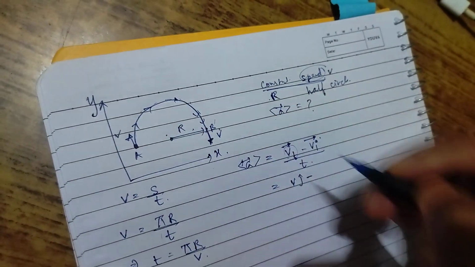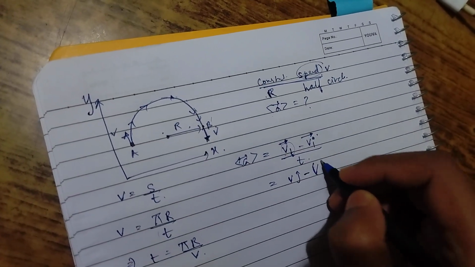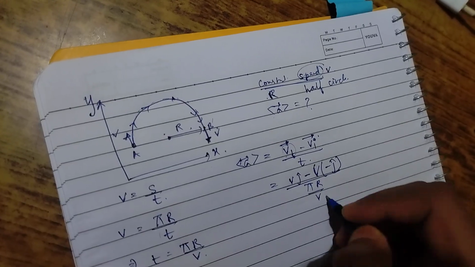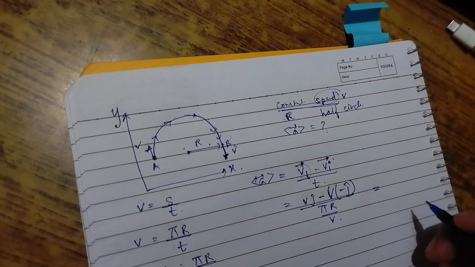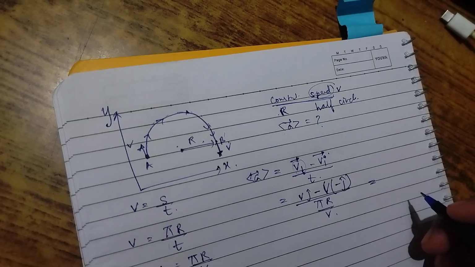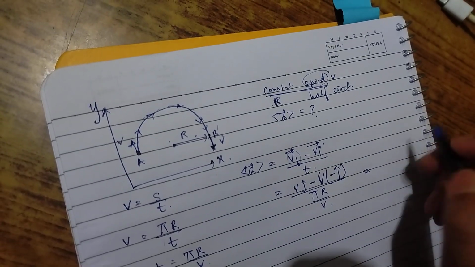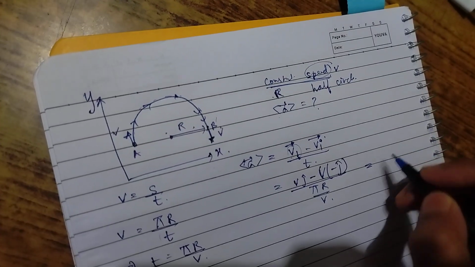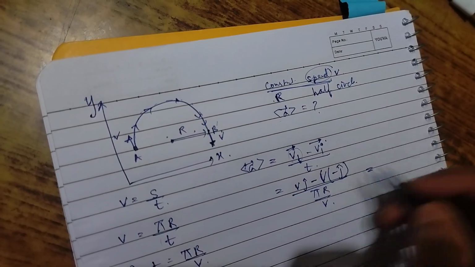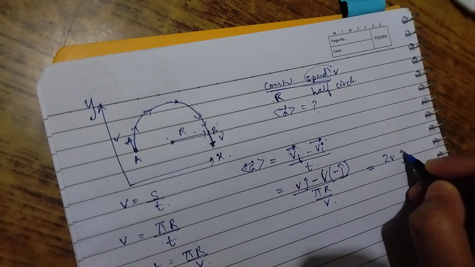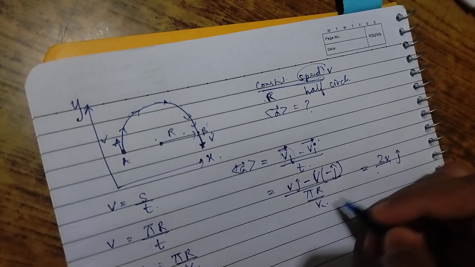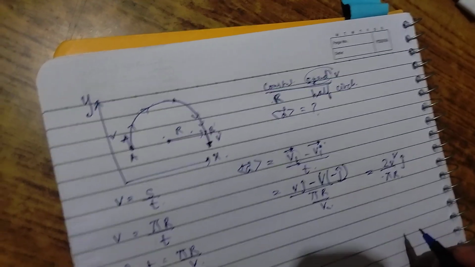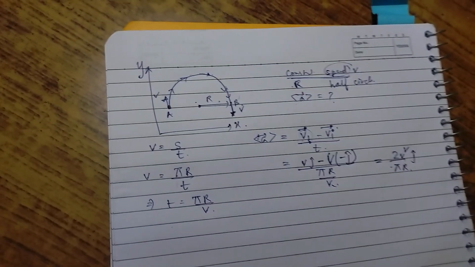And this is on the negative side, so this would be v but minus j cap. So we get plus 2v j cap divided by pi r by v, which is 2v square by pi r.